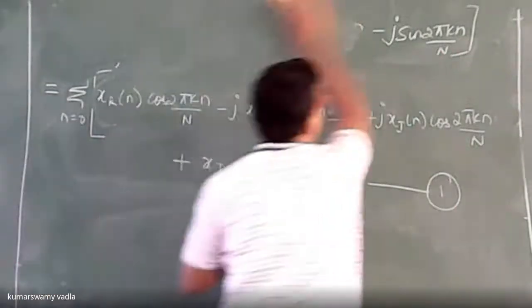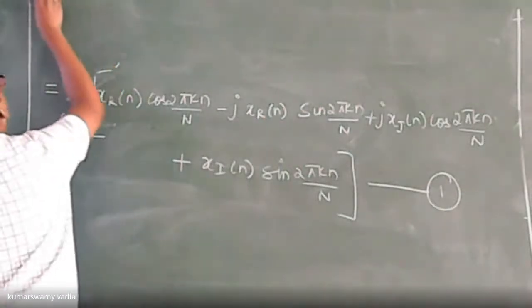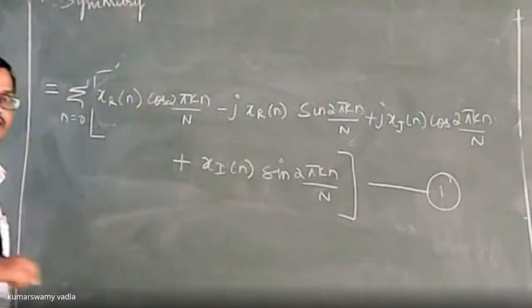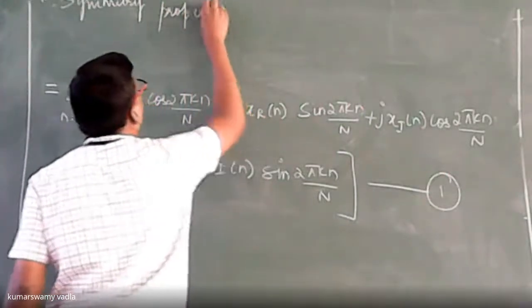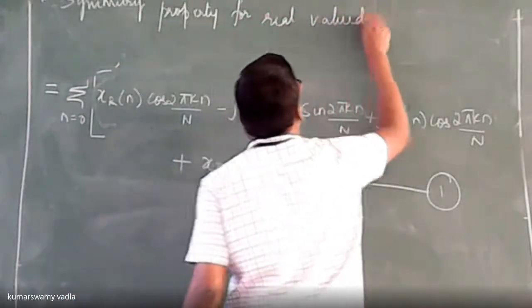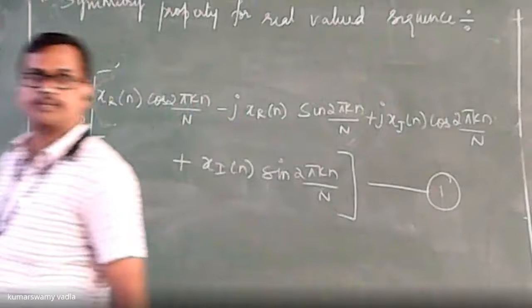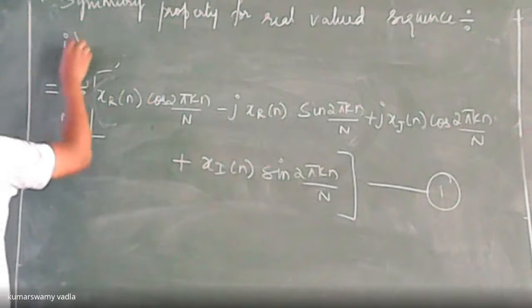after this equation, write down the next subtopic as symmetry property for real valued sequence. What does this property tell?